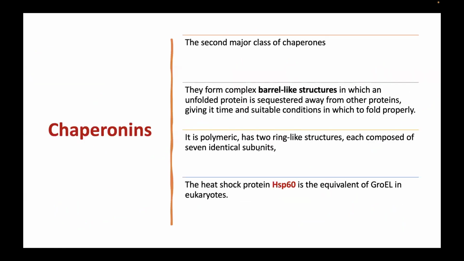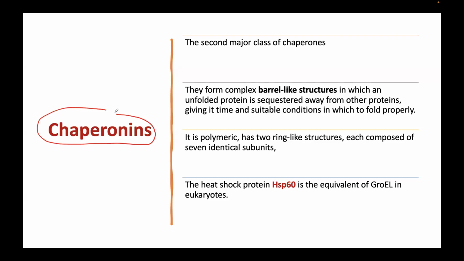Now, the chaperones or the chaperonines, in our Harper's, the chaperonines are now considered to be a second major class of chaperones.